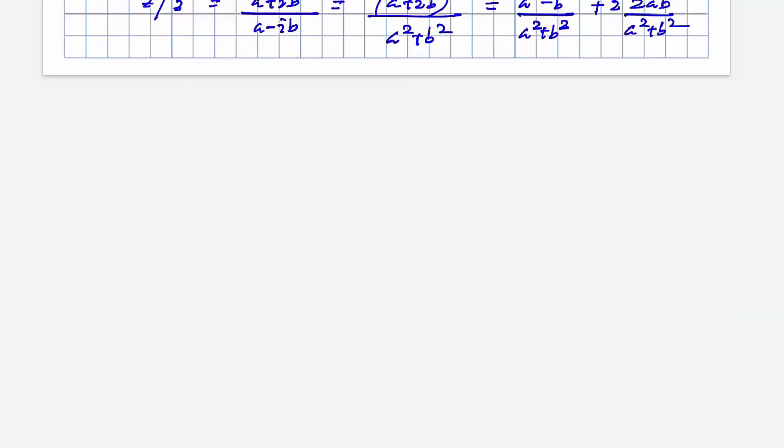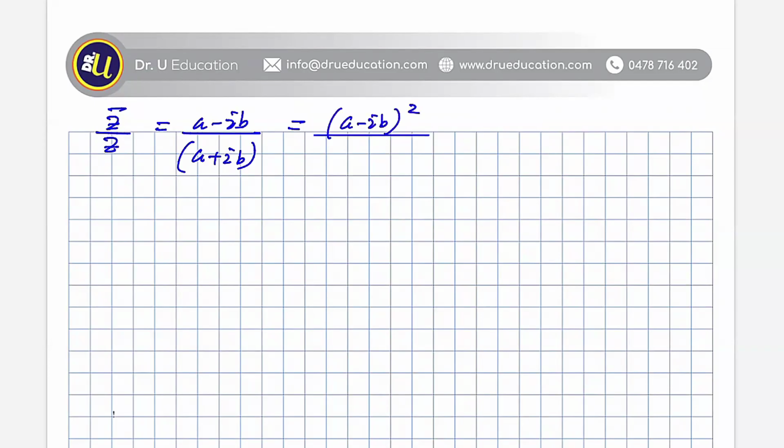Then Z bar divided by Z. Okay. So Z bar divided by Z. So Z bar is equal to a minus ib. This is going to be a plus ib. So this can be written as a minus ib squared divided by, I would say, correct?